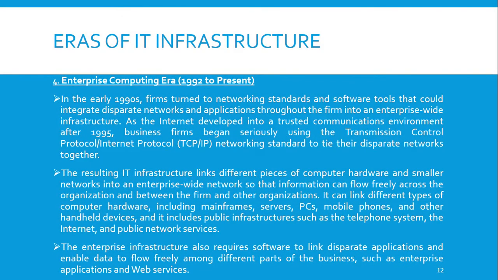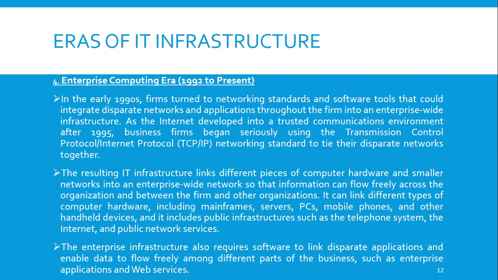Okay, so moving ahead with the evolution of IT infrastructure, the fourth important landmark was the enterprise computing era. This era started in the early 90s when firms turned to networking standards and software tools that could integrate disparate networks and applications throughout the firm into an enterprise-wide infrastructure.